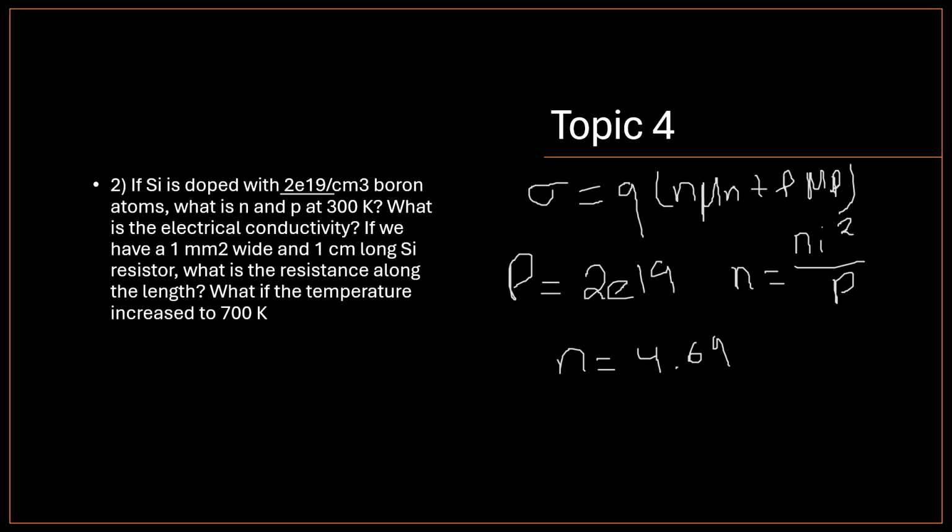And for your resistance along the length, it should be 0.0650. And at 700K, your electrical conductivity should be 2.38 times 10 to the fourth, and your resistance along the length should be 0.42. So yeah.